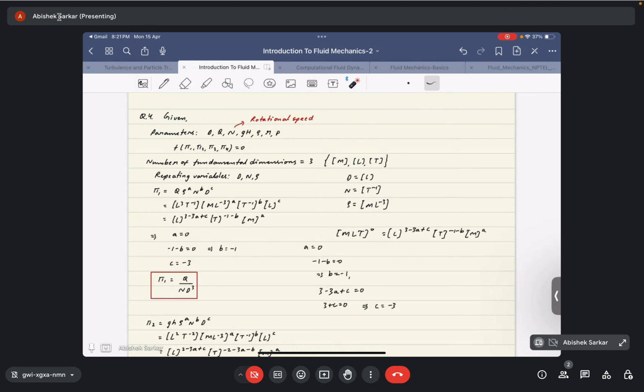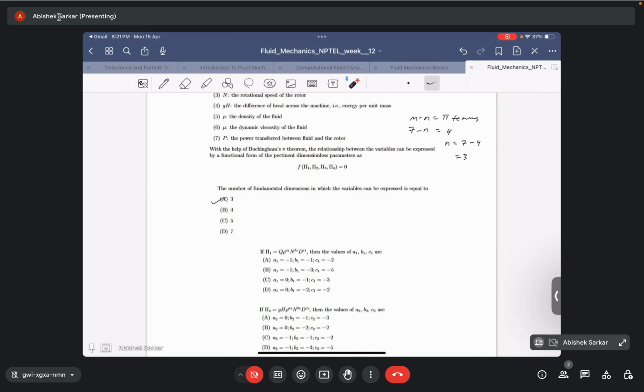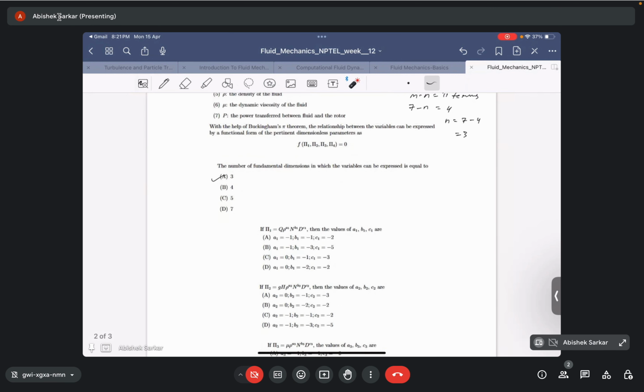Then minus 1 minus b equal to 0, so b will be equal to minus 1. If you substitute the value of a, we get c equal to minus 3. So pi 1 would be q over n d cubed. Looking back at the problem, a is 0, b is minus 1, and c is minus 3. So the correct answer is C.